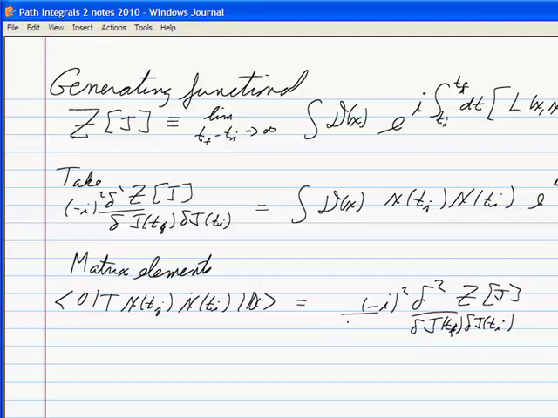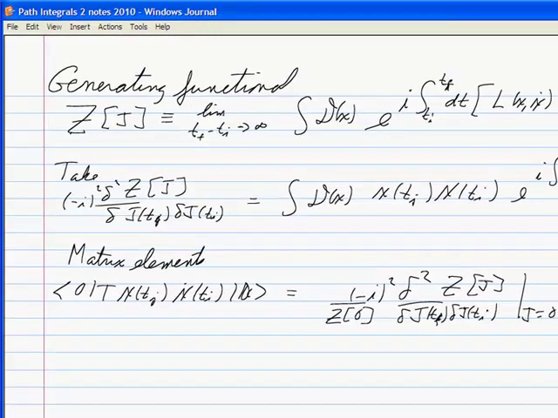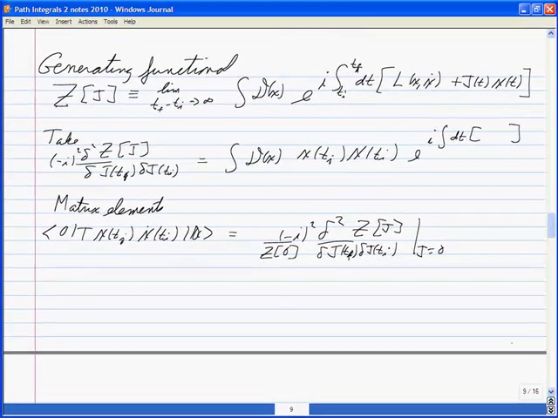I get that. I divide. At the end of that I set j equal to 0, and dividing by 1 over Z of 0 cancels out all those normalization factors. And so there are matrix elements. Give me a Lagrangian, and this is the ground state matrix elements for that Lagrangian.